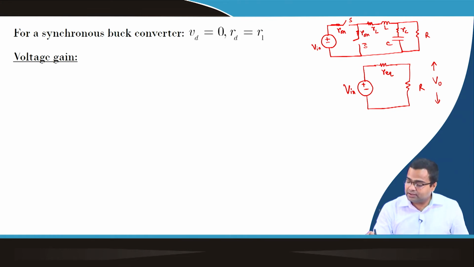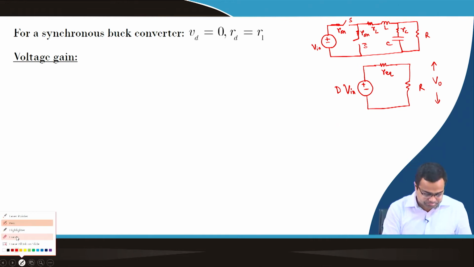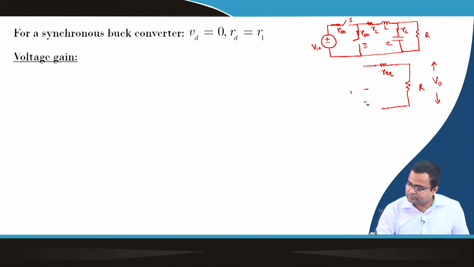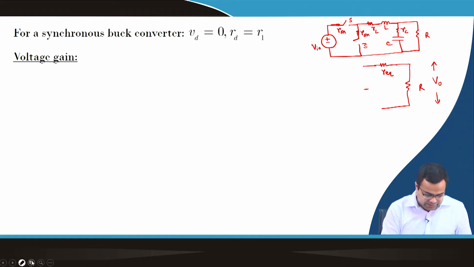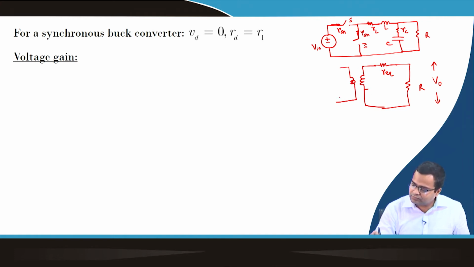Sorry, there is a transformer term, actually, a DC factor which is 1:D, and this side you have Vin.